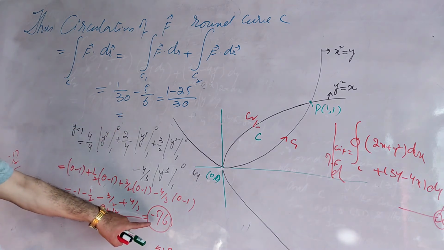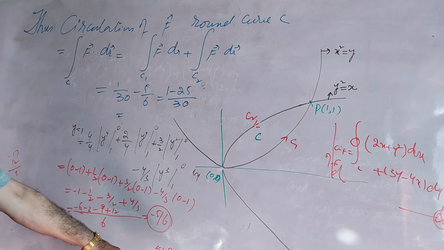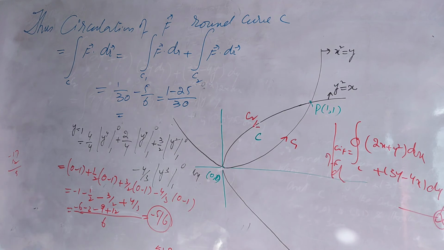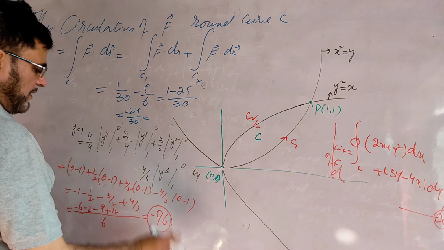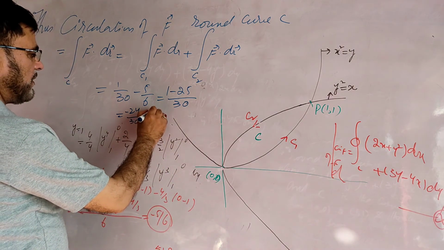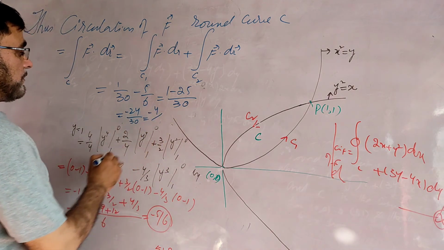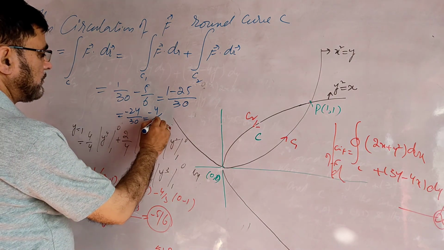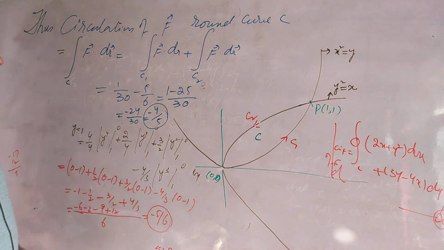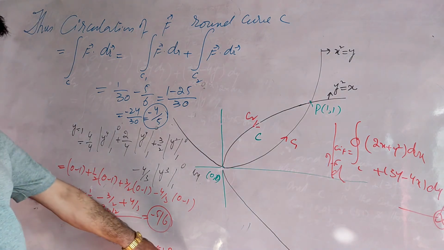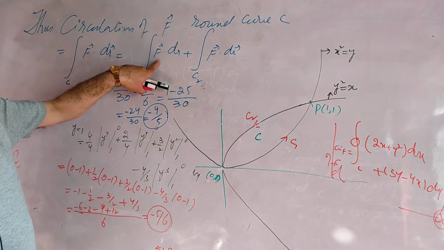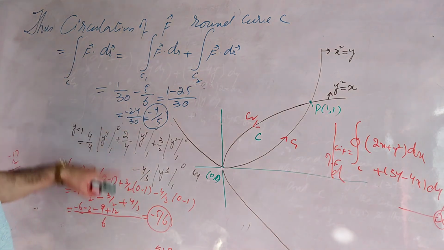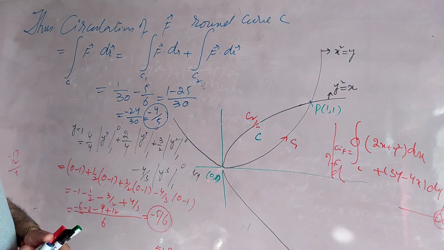I have got minus 5 by 6 and 1 by 30, take 30 as LCM, it is 1 minus 24 by 30. You can write it, this is the circulation. You should check these numbers here. Is 1 by 30 okay, and minus 5 by 6? The procedure is the same. Use this here, here, then subtract the two. You will get the required result.